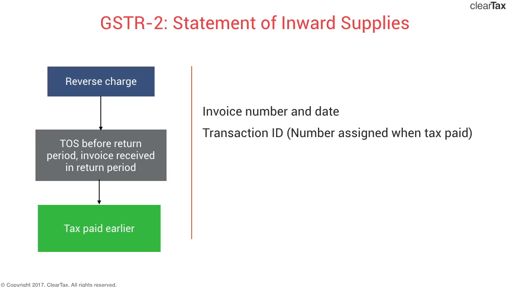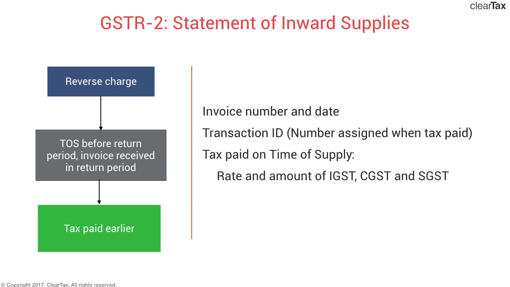You will have to give in that ID. There's a very good logic. The government would want to link invoices with the payment of tax against each invoice, and this is what facilitates that linkage. You'll also have to give the amount and rate, of course.